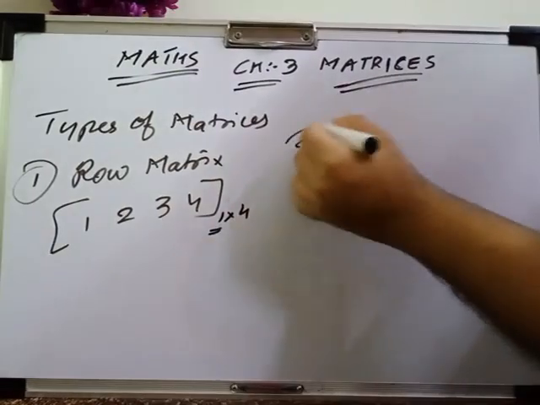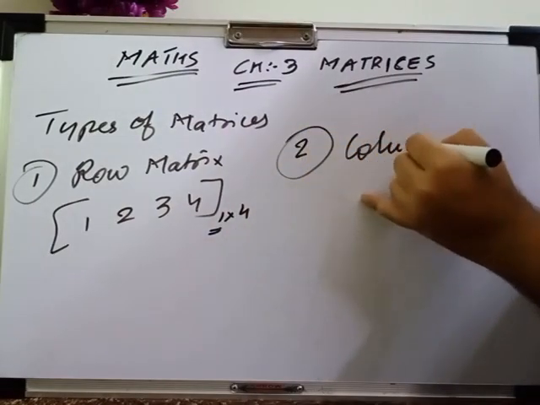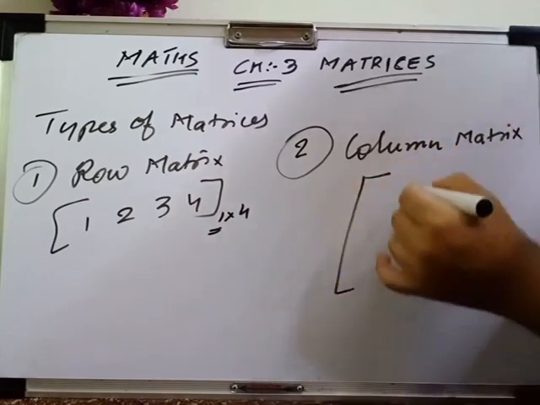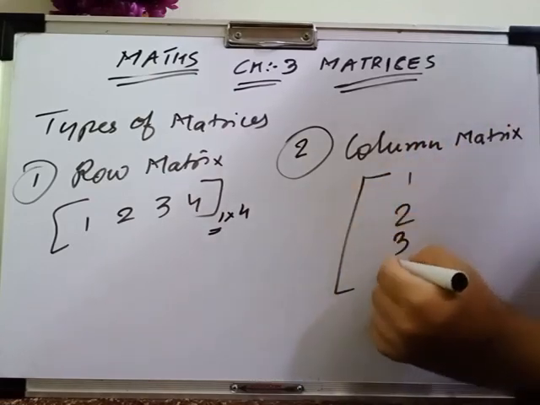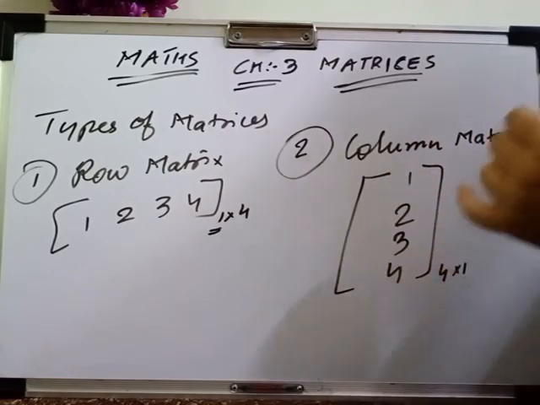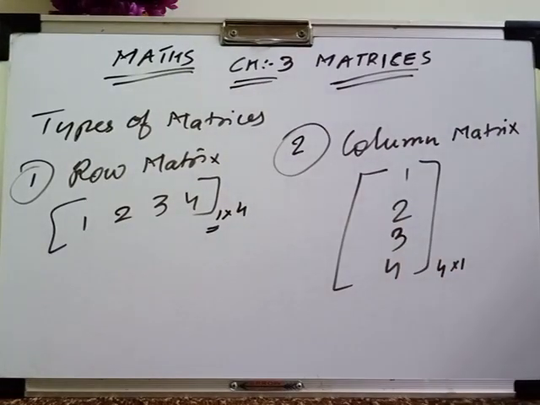Right. Likewise, we have column matrix. As the name suggests, it will have only one column and number of rows can be more than 1. So this is 4 cross 1. You can see that the column is 1.